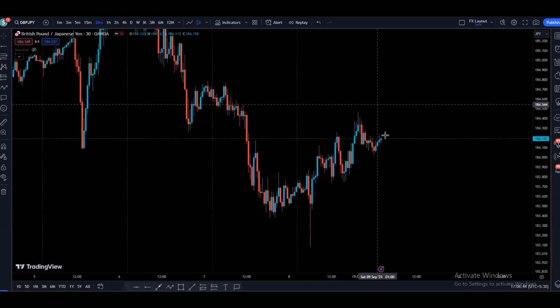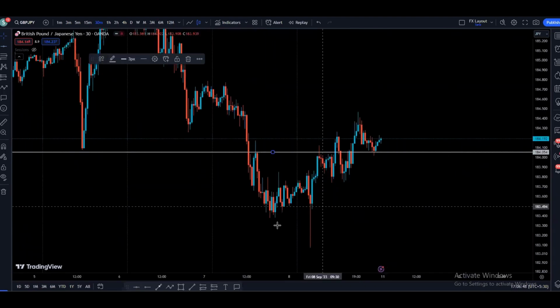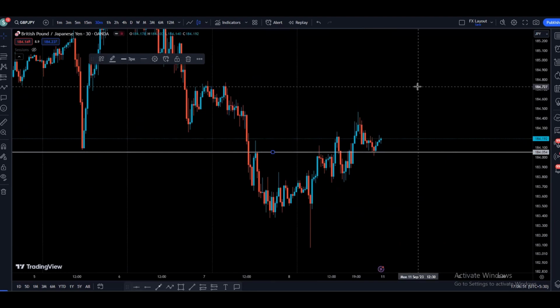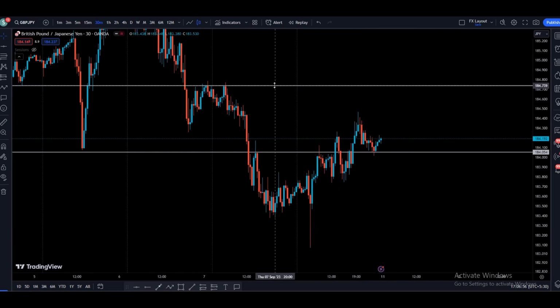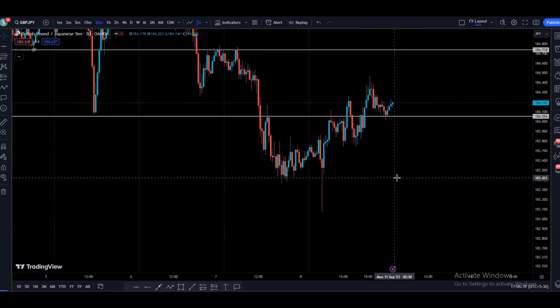Now, so on the 30-minute time frame, we can see that we have the support, and we already mentioned this one is going to be the resistance. The resistance is right up there. So we can see that we have the support, and even if we get a candle close below the support, then we can see that we have a choppy price action on the left hand side, right?